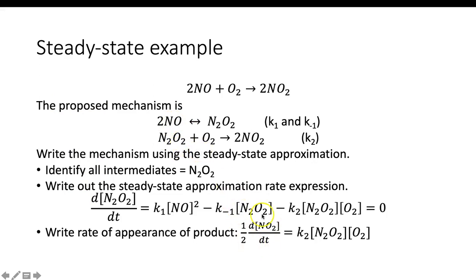Then we're going to write out our rate law expression from this mechanism. In terms of the appearance of the product, we would write it here. We have the 1/2 in terms of our stoichiometry of the NO2. The second step is the only place the product appears, so it's k2 and first order in N2O2 and O2.